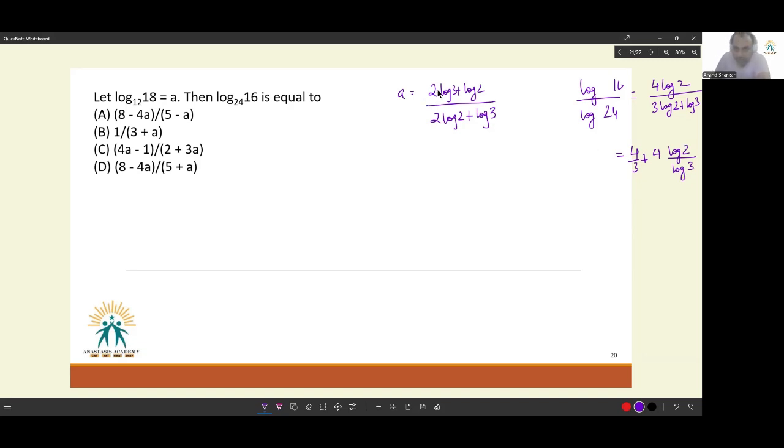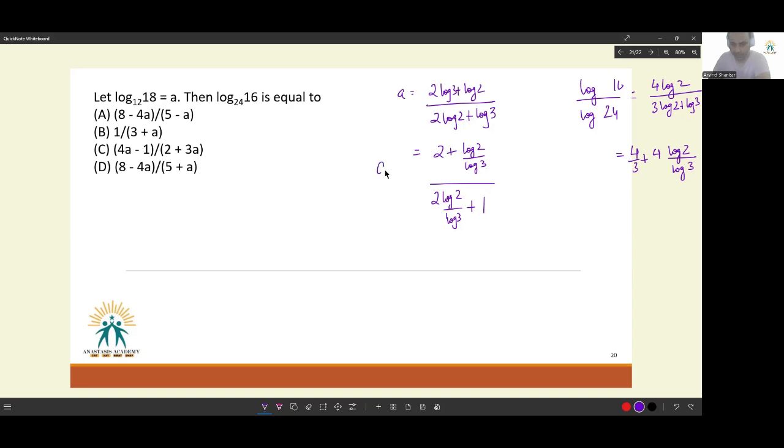So I'm dividing every term here by log 3. So I'll get (2 plus log 2 by log 3), whole thing divided by (2 times log 2 by log 3 plus 1).